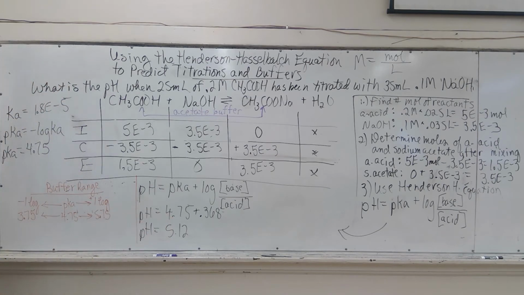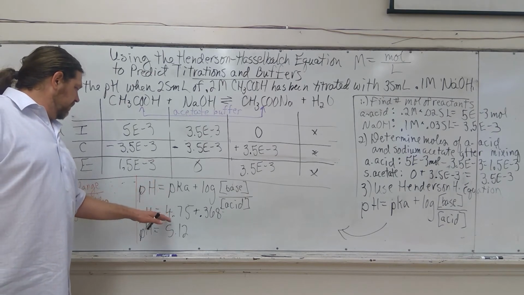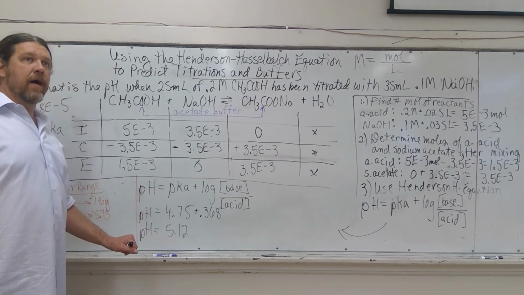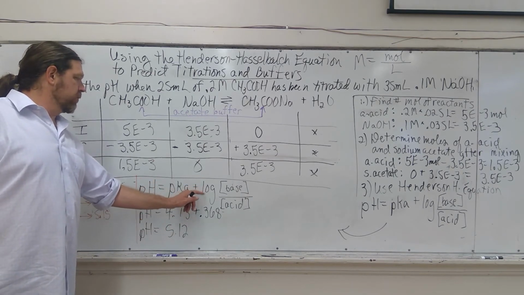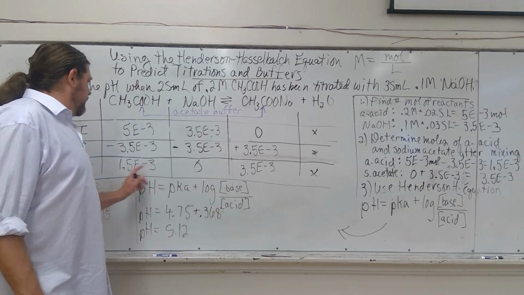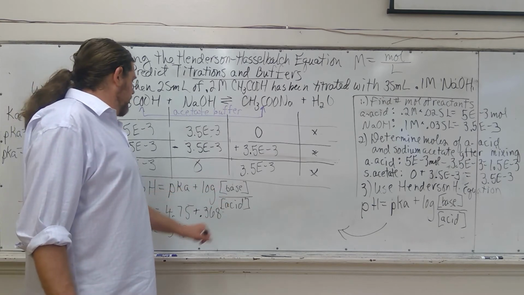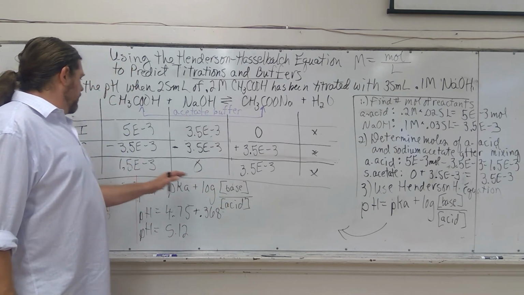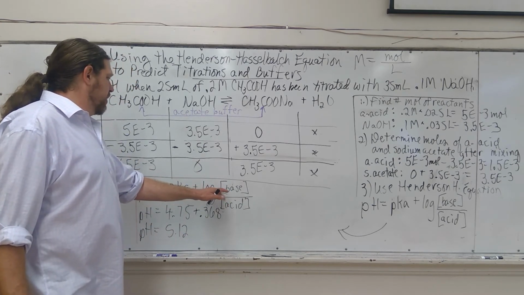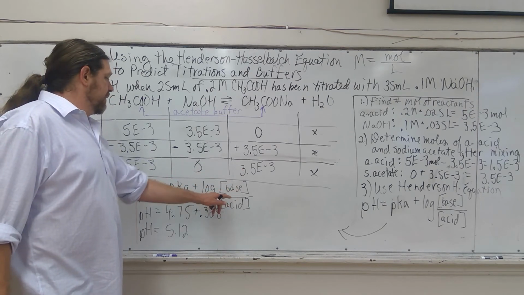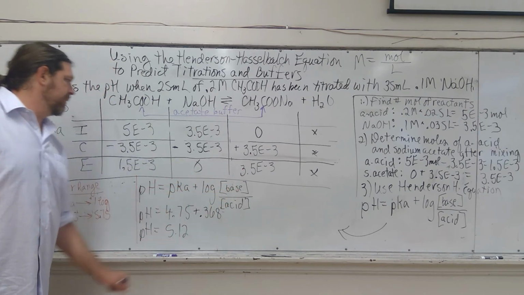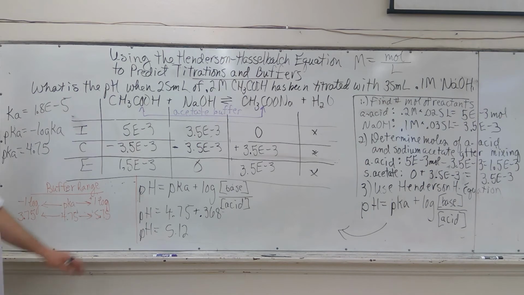So the pH, when you're using Henderson-Hasselbalch, will be 4.75 plus the logarithm of the endpoint concentrations of our base over the acid. So in other words, 3.5 times 10 to the negative 3 over 1.5 times 10 to the negative 3.